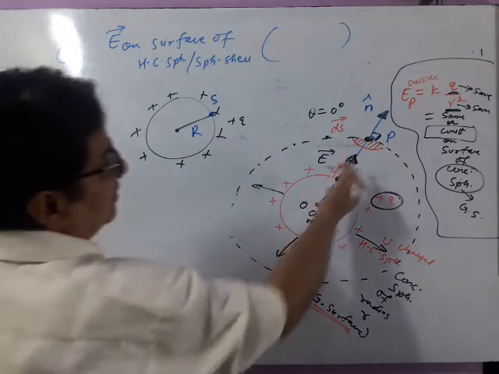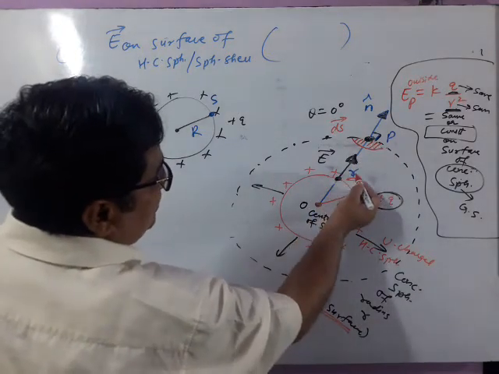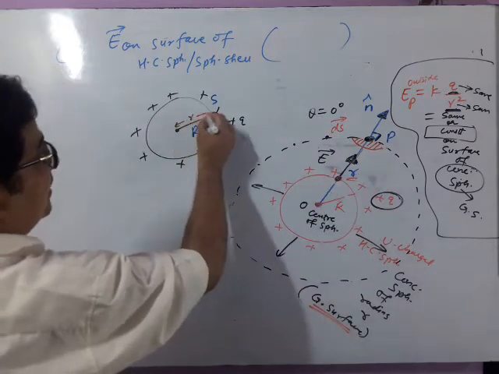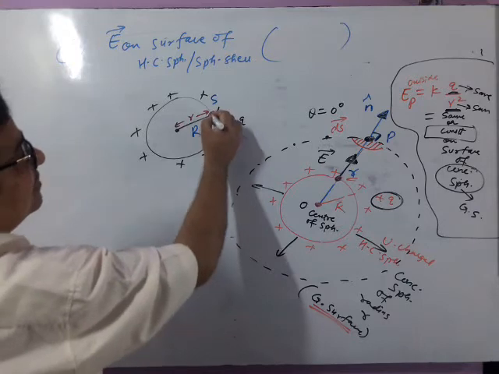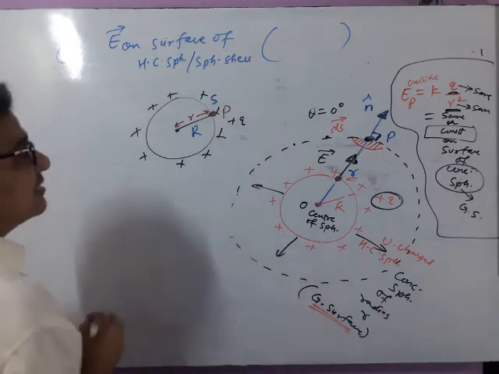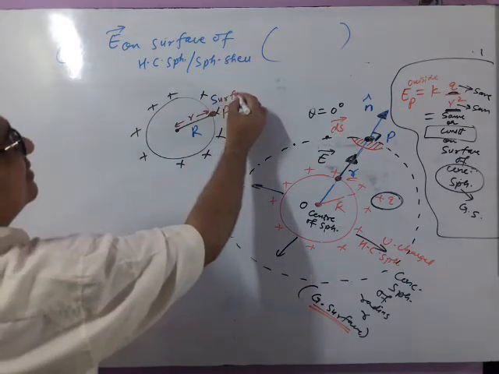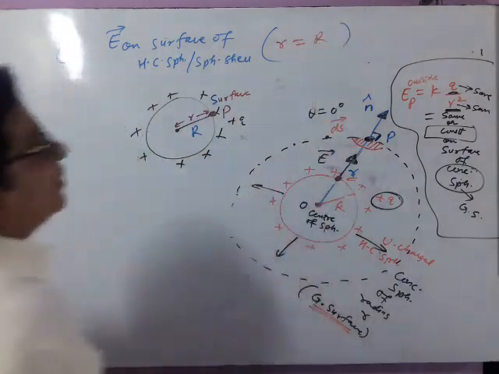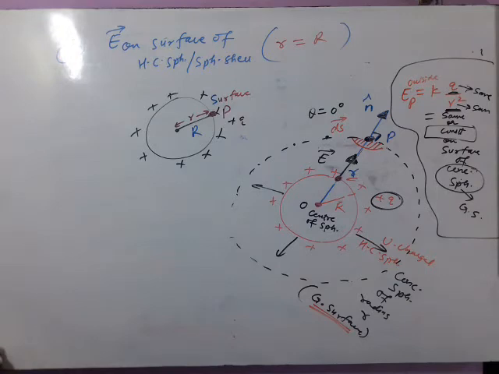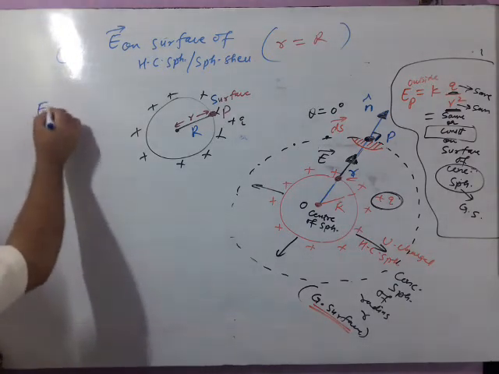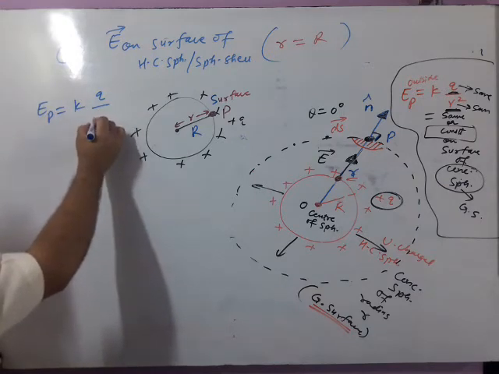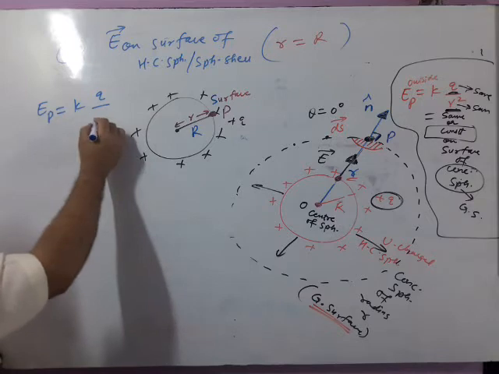If this point comes on the surface, this small r is reducing to this. It will become smaller because this point P is now considered on the surface. So on the surface, small r becomes equal to capital R. For an external point, the answer was kq by small r square.